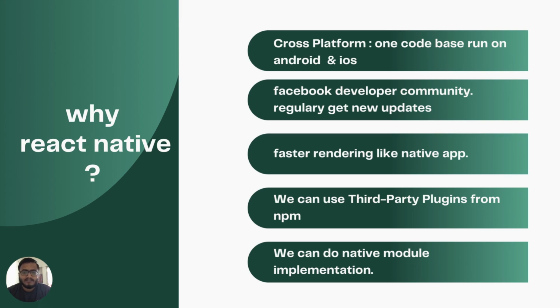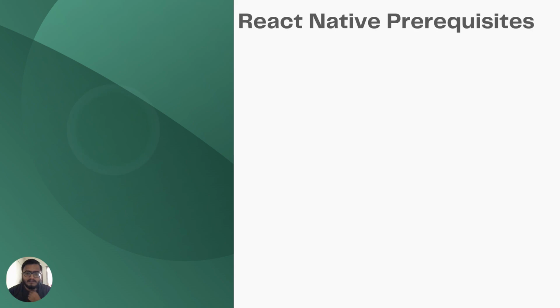This will help boost your project completion time, because with a third-party plugin you do not need to write much code. Also, if you want to achieve some native functionality in React Native, you can use native libraries, like Kotlin or Java from Android, or Swift or Objective-C from iOS. You can integrate them in React Native. This also works. Next.